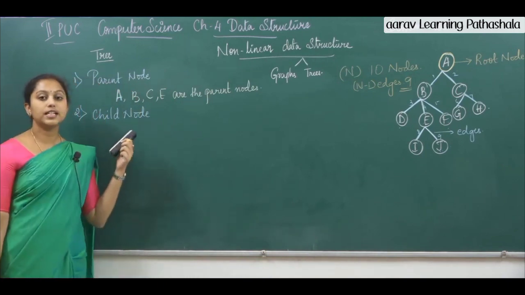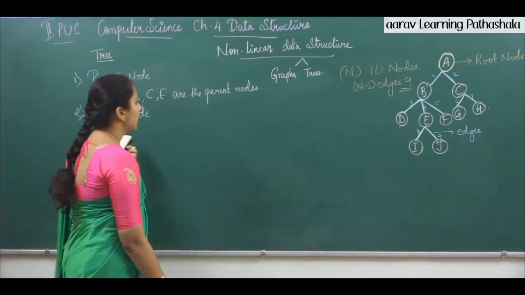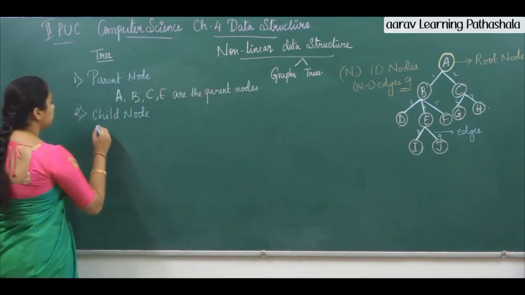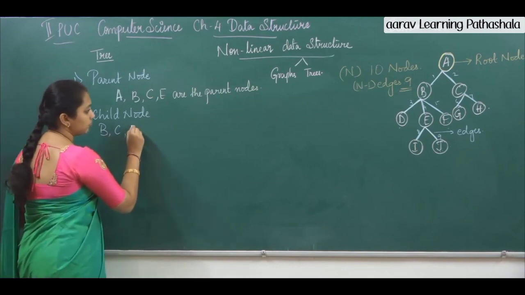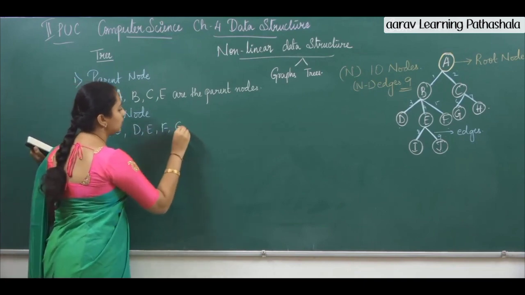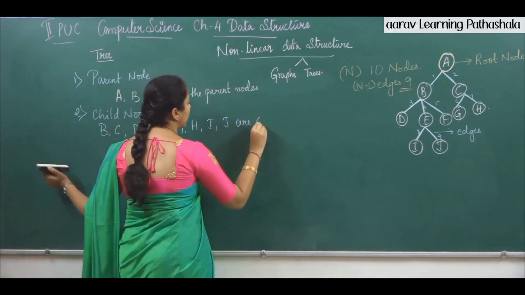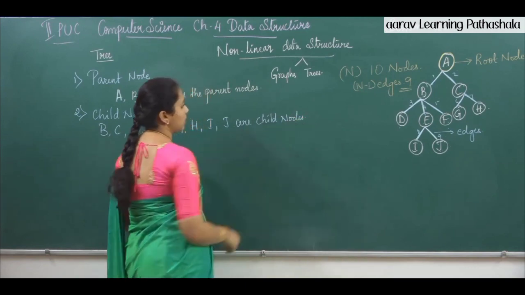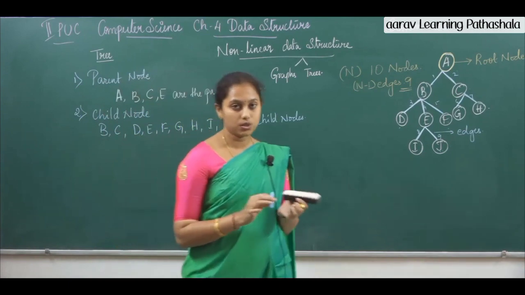So what is a child node? The node which is a descendant of any node is called a child node. So in that example, the child nodes are B, C, D, E, F, G, H, I and J. Except the root node, all the nodes are child nodes.